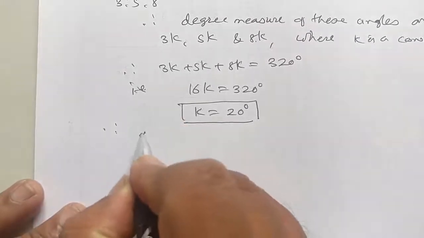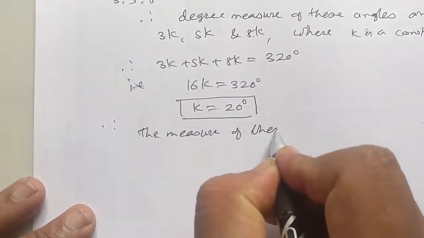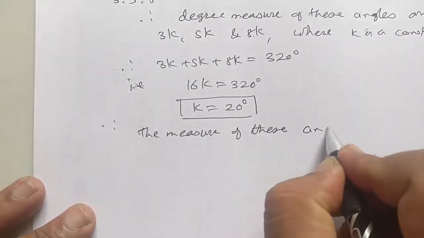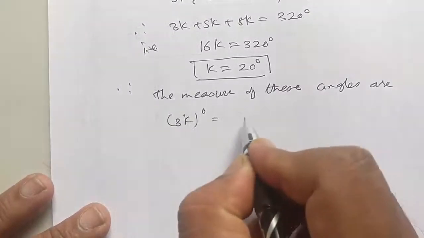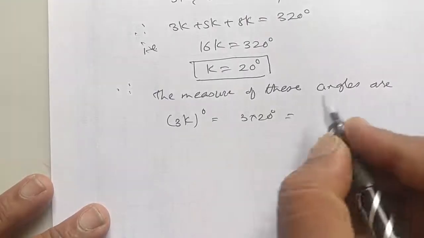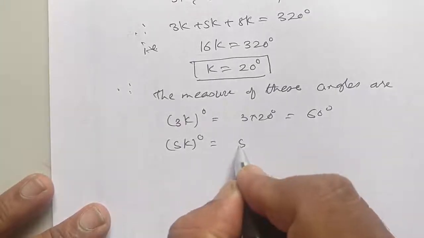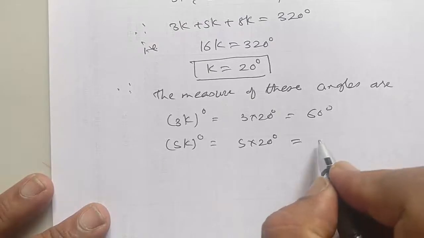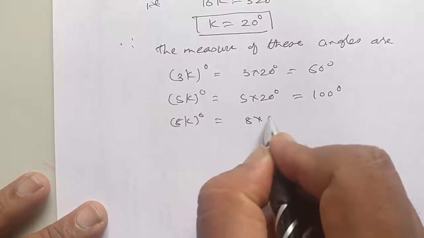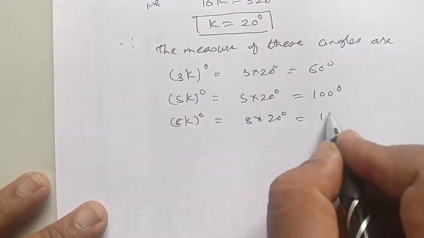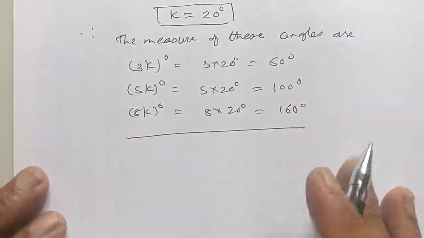Therefore, the measures of these angles are 3K degree, 3 into 20 degree, that is 60 degree, 5K degree, 5 into 20 degree, so this is equal to 100 degree. 8K degree is equal to 8 into 20 degree, 160 degree. These are the remaining angles in degrees.